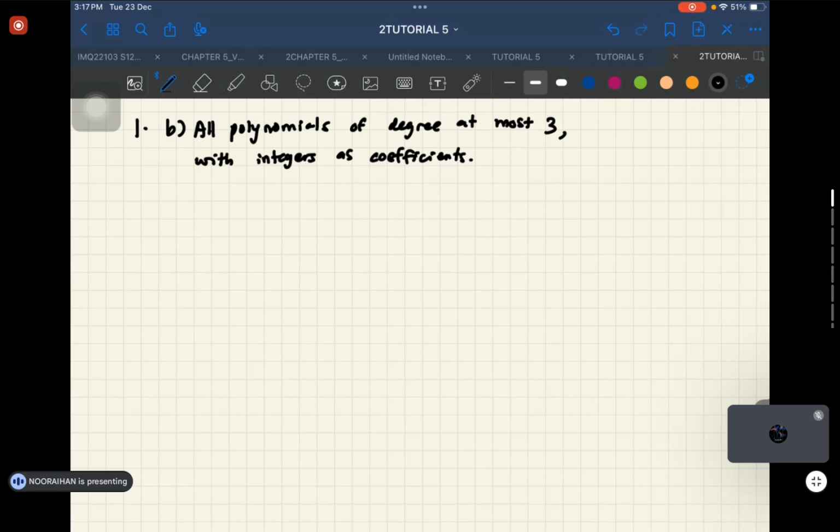So step 1, check the zero vector. The zero polynomial has all coefficients equal to 0. Since 0 is an integer, the zero vector exists.